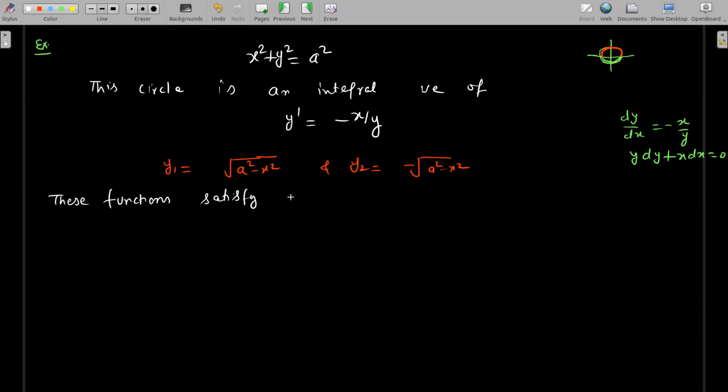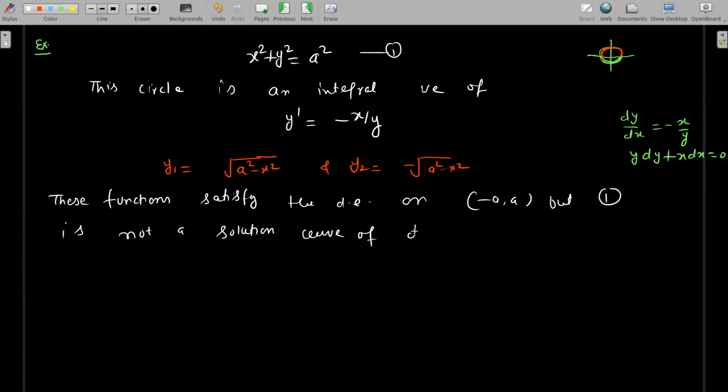This function satisfies the differential equation on the open interval minus a to a, but say this is 1, but 1 is not a solution curve of the differential equation, since it is not the graph of a function.